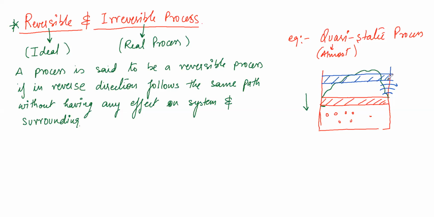I believe you also understood that removing a single sand particle up to the last particle takes infinite time, so this process is almost very slow. This is one position of the piston, and this one is the second position of the piston when there is no sand.